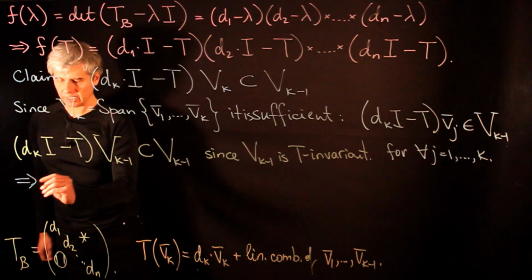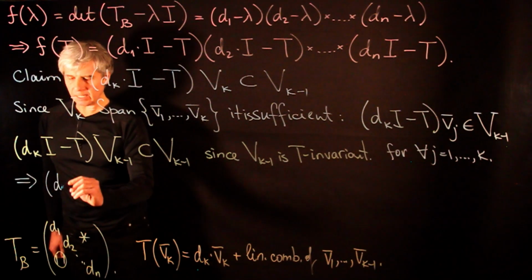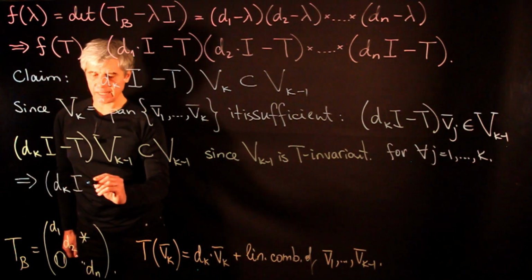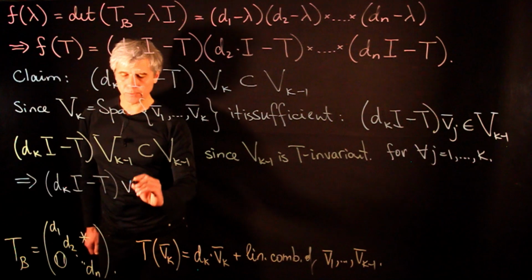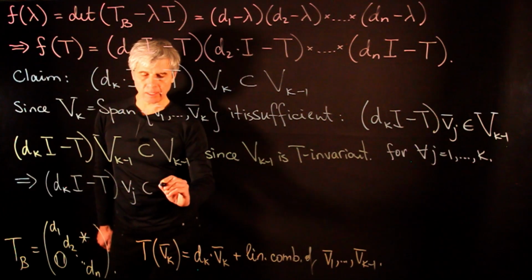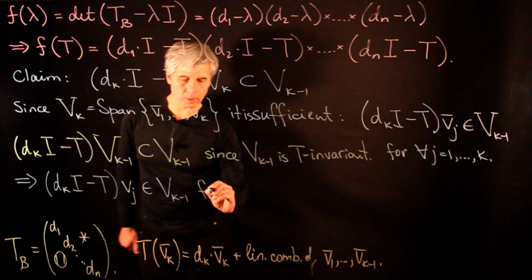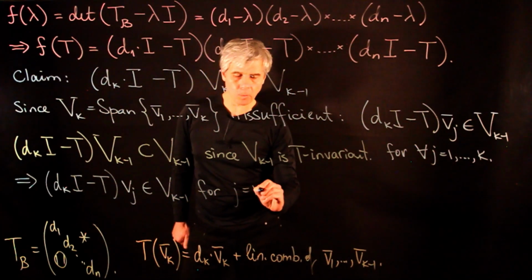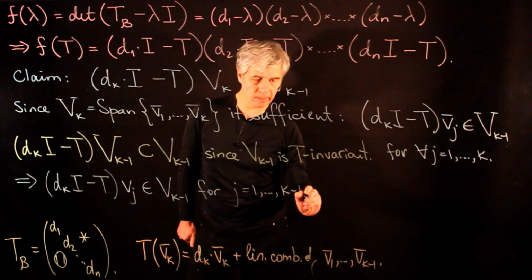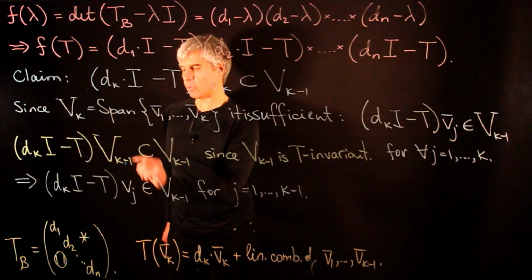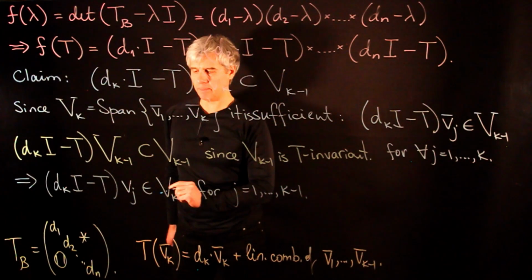This implies that dk times identity minus T acting on vj sits inside V(k-1) for j from 1 to k minus 1, because all of these vectors will belong to V(k-1).